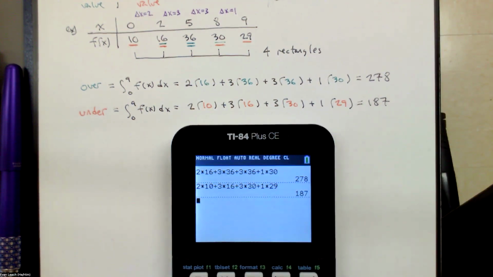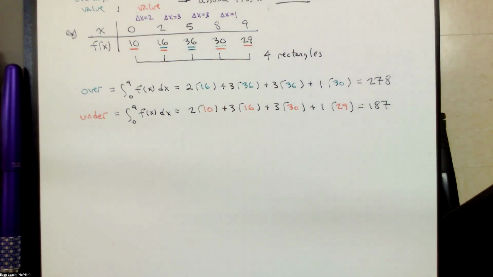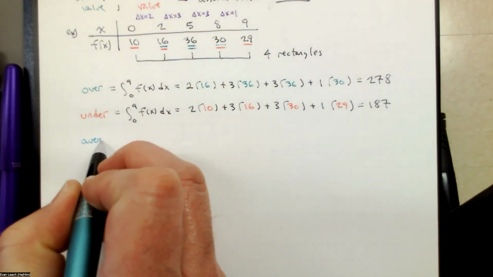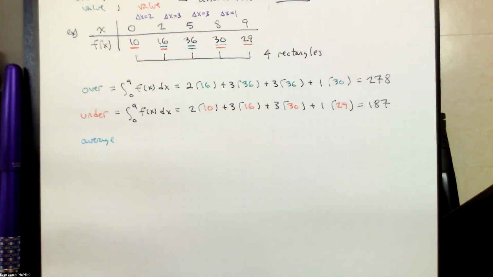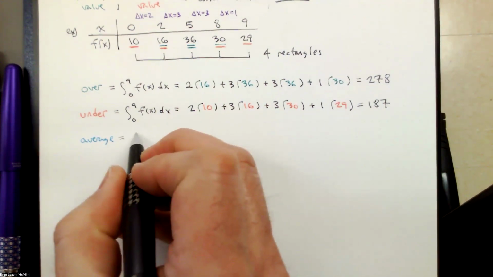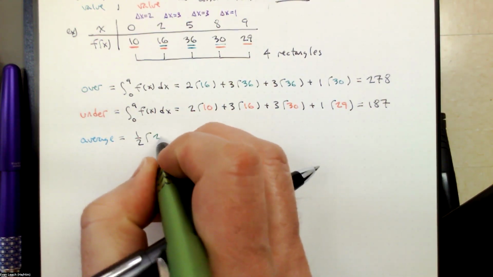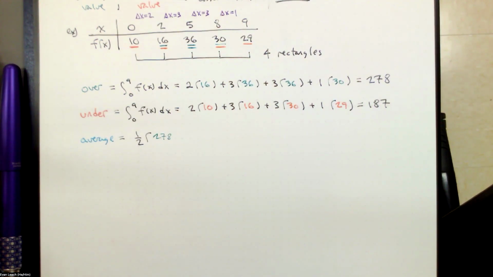That's us thinking that the function is constant on each of those four, and we're making four rectangles. When we find the average, we're finding the areas of four trapezoids. So to find the average of these two, we'll take the average of our overestimate and our underestimate.